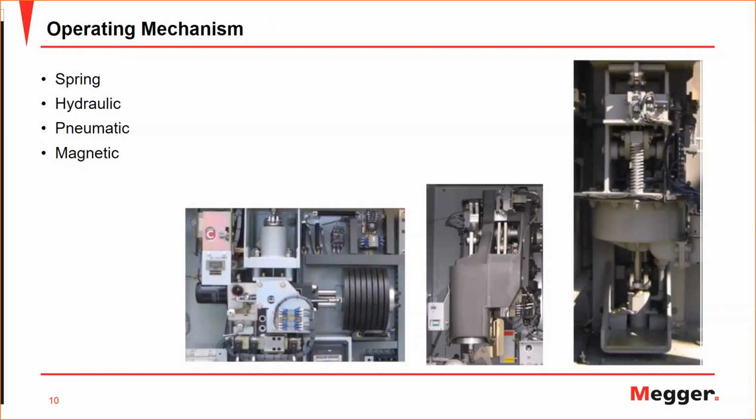And last, we have the magnetic type, which is very rare and only for special types of circuit breaker, where they use magnetic fields to operate the breakers. The most common type of mechanism available worldwide is the spring mechanism, because it requires much less maintenance than the other types, but nonetheless there are still some hydraulic and pneumatic ones available for some models and some vendors of these circuit breakers.